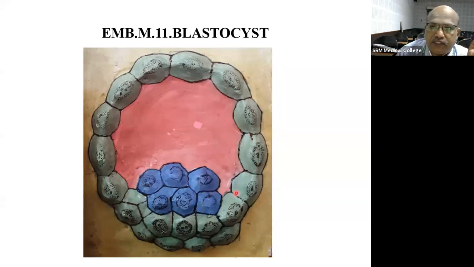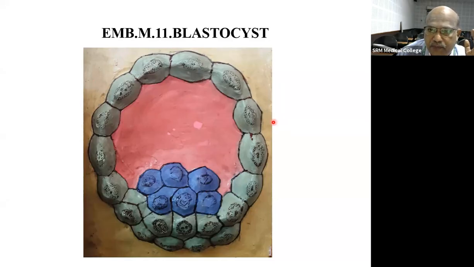As that fluid enters inside, it accumulates here. That leads to the formation of our blastocyst. So the early stage of blastocyst forms in the fallopian tube itself. Later on, of course, the final stage of blastocyst.